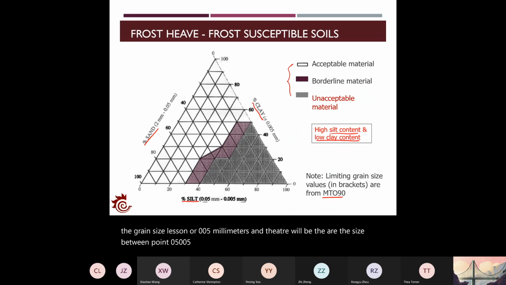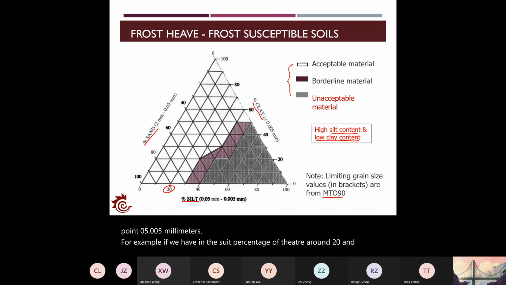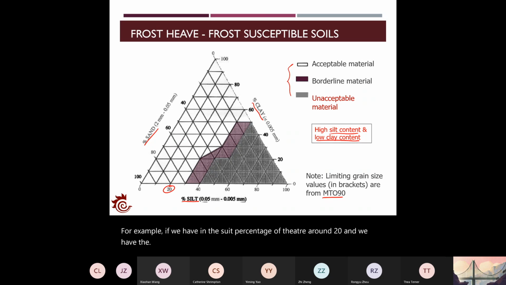For example, if we have the percentage of silt around 20, and the clay around 60, and then for the sand there will be another 20. Then you can find the location of your selected material.